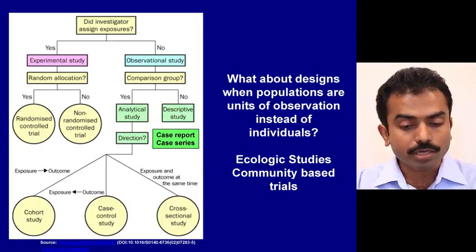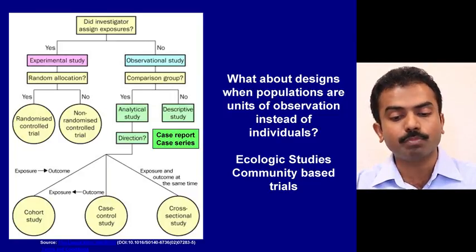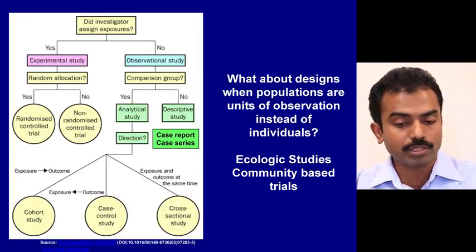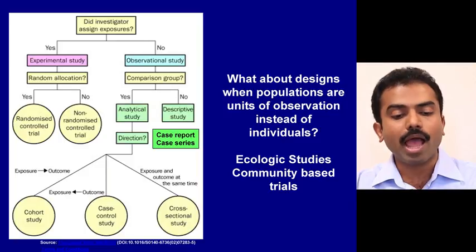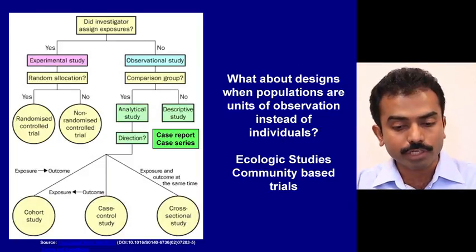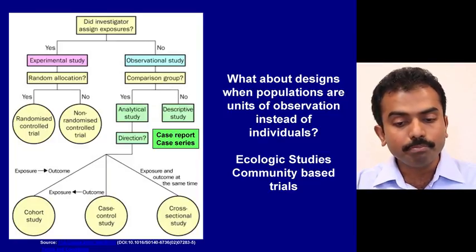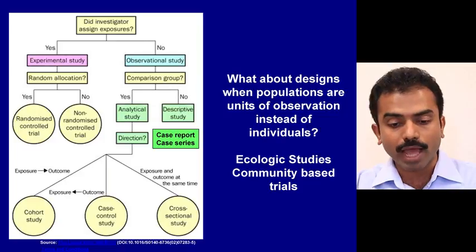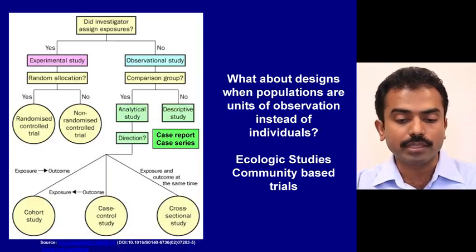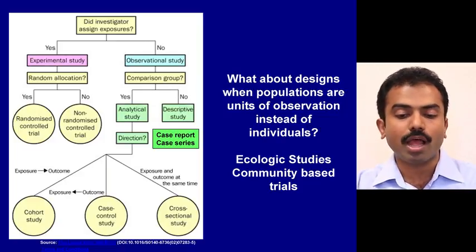Whereas in a cohort study, you begin from the exposure and go towards the outcome. Whereas in a case control study, it's just the opposite. You begin from the outcome and see what is the prevalence of exposure in cases and controls. So depending on the directionality of exposure and outcome analysis, we have three designs: cohort study, case control, and cross-sectional study.